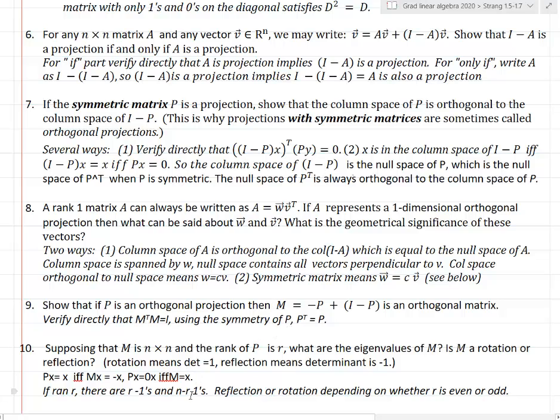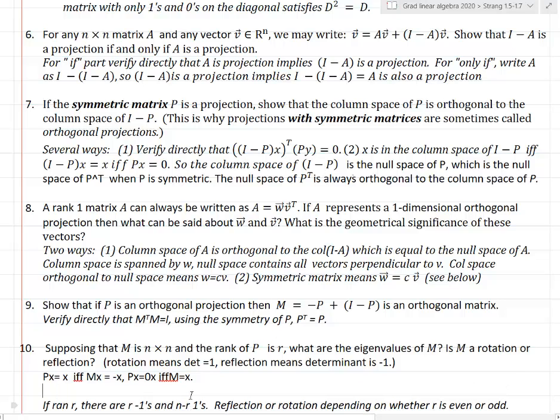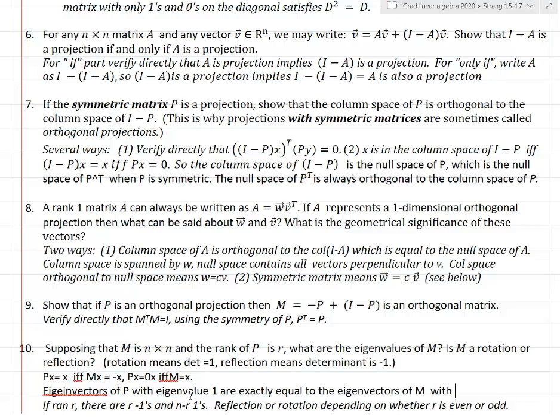So let's just write that out. The eigenvectors of P with eigenvalue 1 are exactly equal to eigenvectors of M with eigenvalue minus 1. Okay, let's see if I can fix this.